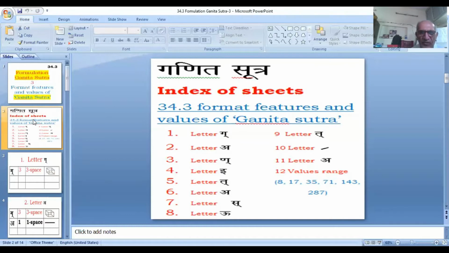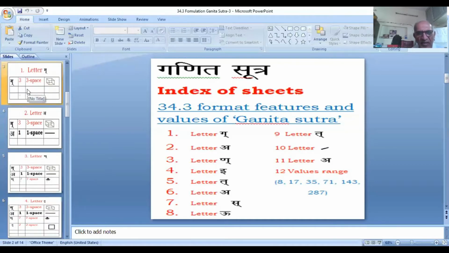Therefore, to be face to face with this format feature and the exercise to glimpse and imbibe the format features of this formulation, we have to phase it in 11 steps parallel to 11 letters of this formulation, and we have to be sequentially through the phase, each phase for values and features parallel to the values and features of the corresponding letter.